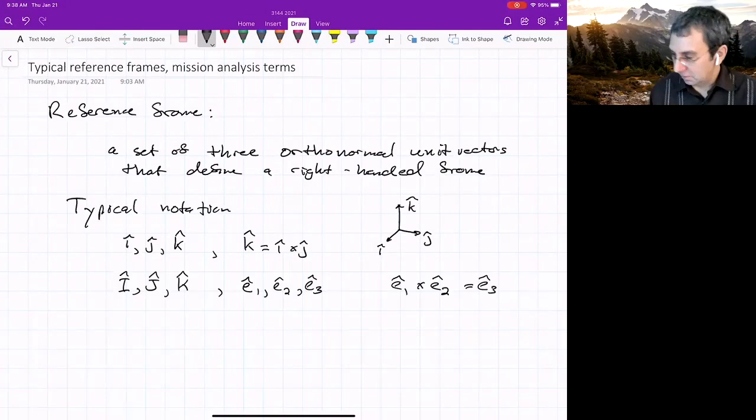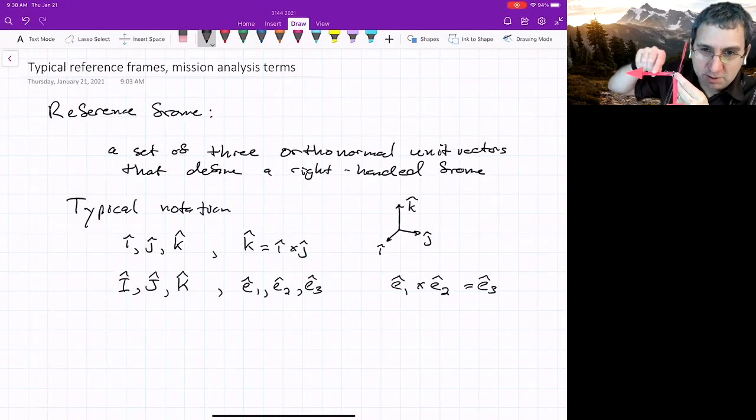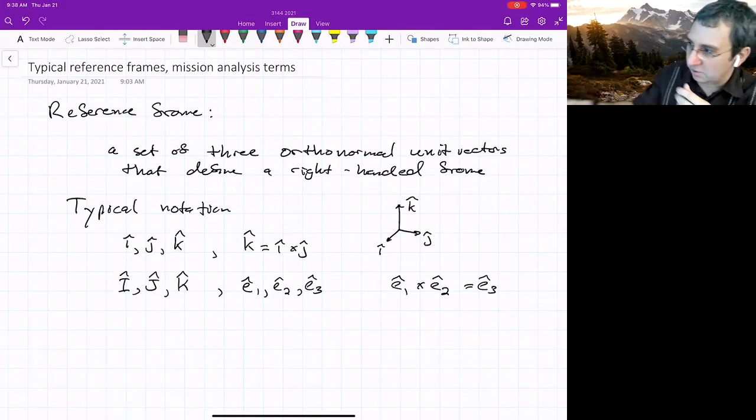The nice thing about a right-handed coordinate system is if you define two of the unit vectors, then you get the third one for free because it comes from this right-handed relationship. So if this was E1 and this was E2, and E1 cross E2, my thumb is pointing in E3.